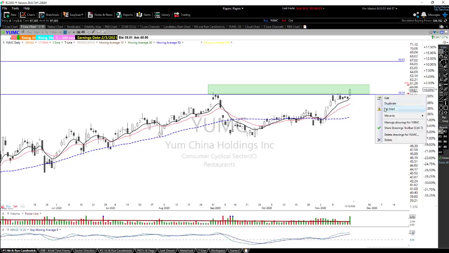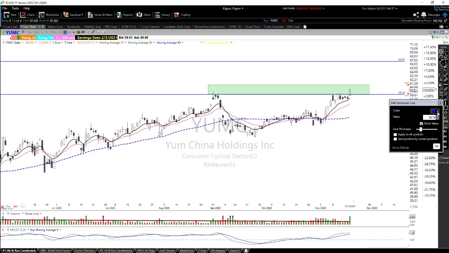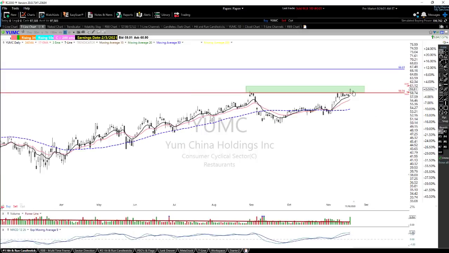And that's also the area I'm going to use for a stop. So let's paint that red just like that. This would be the buy area up in the green buy box. And we're looking at about 66.60 for a direction for the stock to go. And that's almost 11%.